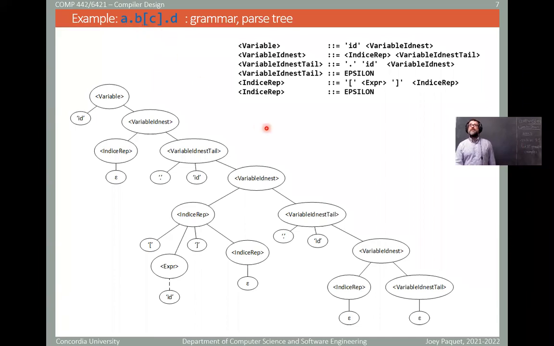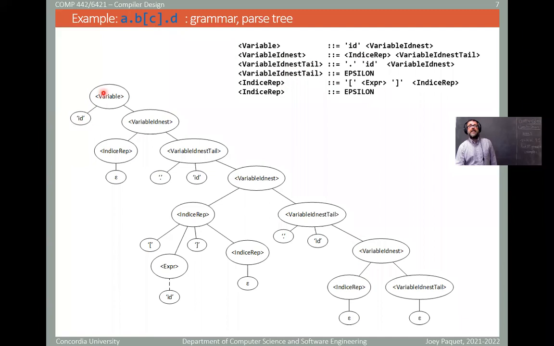Now, if you parse, this is the grammar that corresponds to this. That's the transformed grammar that corresponds to this in the original grammar, after this part of the grammar has been transformed to LL1, as you have done in assignment number 2. These are the rules that can actually generate a sequence like this. If you use these rules to generate this sequence, it's going to generate this abstract syntax tree.